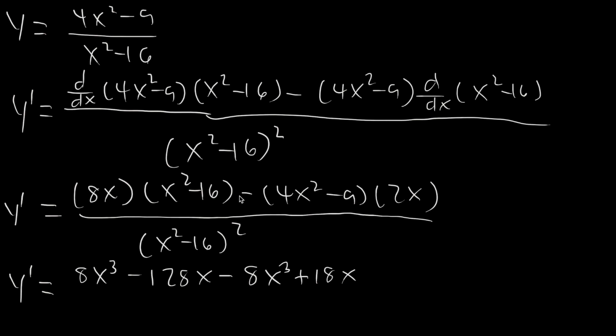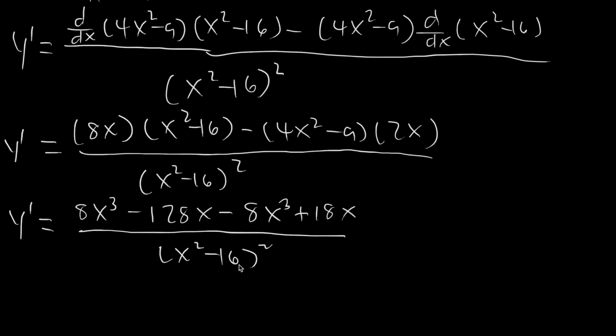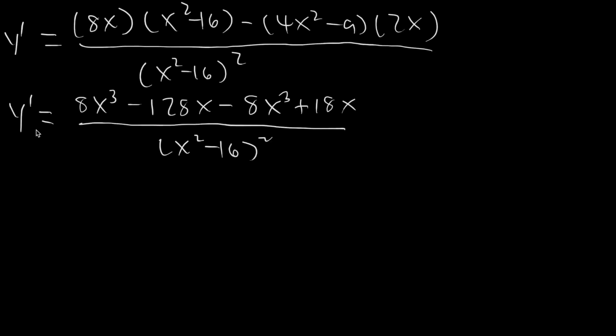But because there is a negative sign, it's going to be positive. So this is this over x squared minus 16 squared. So 8x cubed cancels off. So this is going to be equal to 110x over x squared minus 16 squared, and you have a negative sign in front.